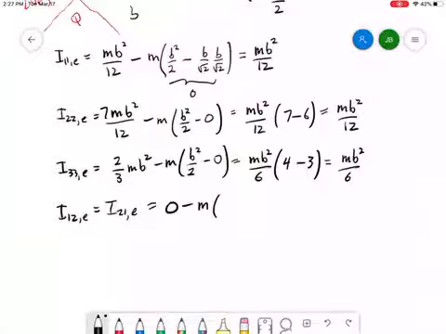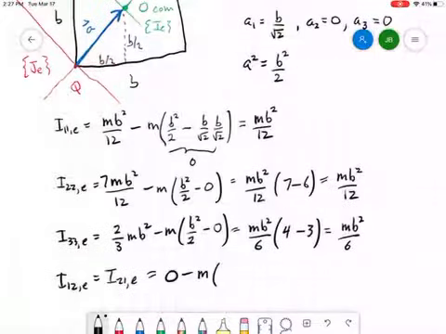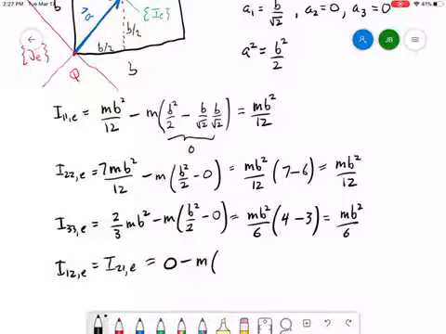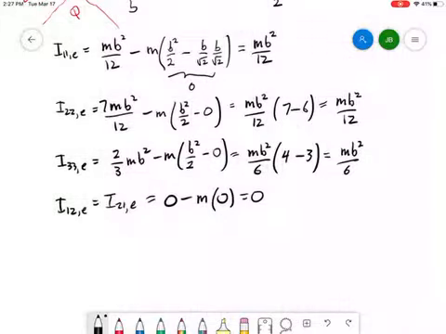So then we have minus a1 times a2. a1 was b over root 2, but a2 is 0. So we're just going to get a 0. And we get 0 for that off diagonal.